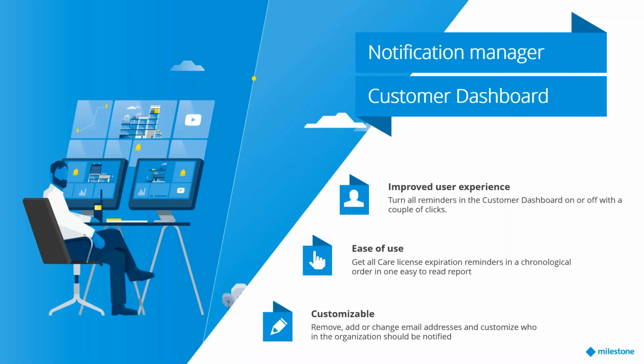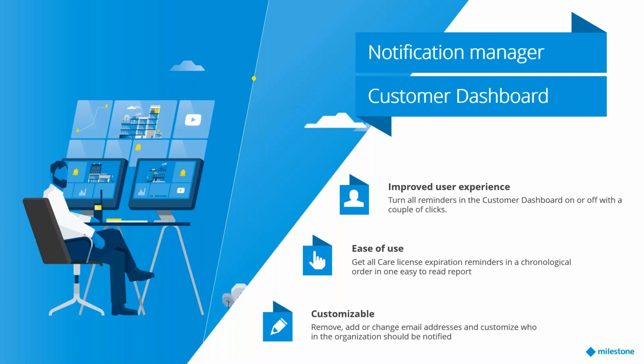Notification manager and the customer dashboard, as you might have used if you work with Milestone, have a lot of improvements in the 2020 R1 release. You can get notifications about licenses expiring or any faults reported in your system. You can have multiple accounts and multiple email notifications based on different email addresses.